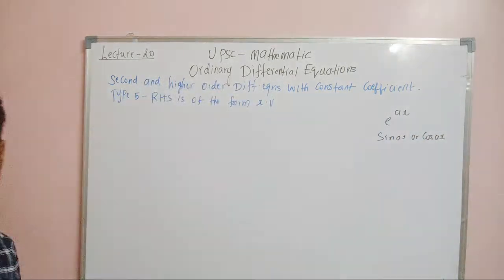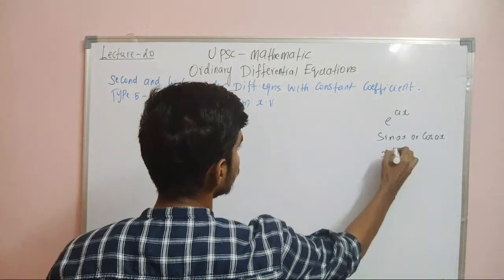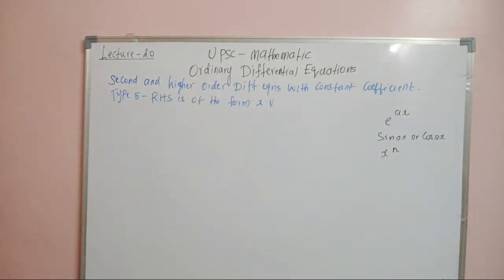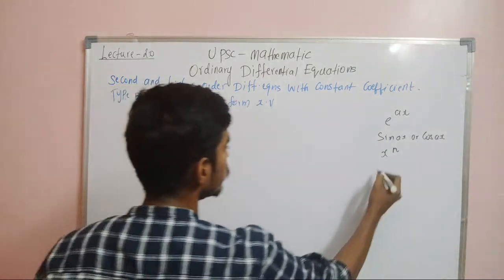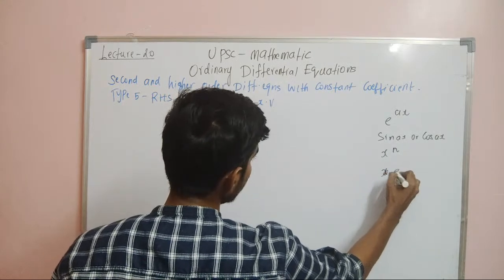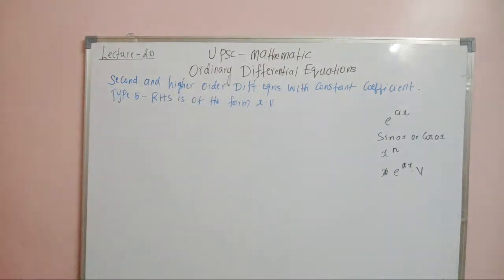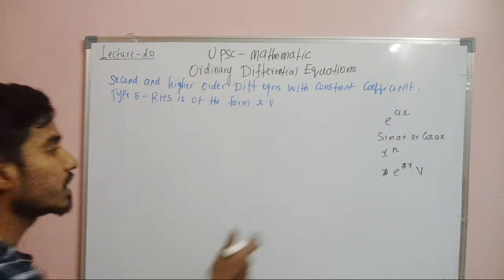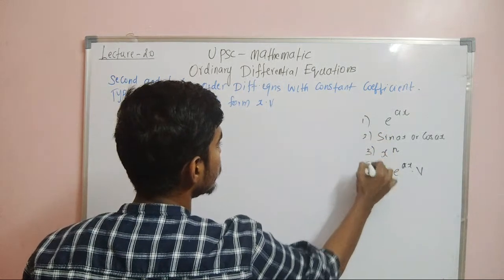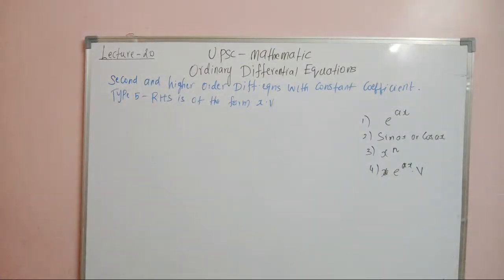In type 3 the RHS is of the form x power n, and in type 4 the RHS is of the form e power ax into b, where b can be x power n, sin ax, or cos ax. So this is type 1, 2, 3 and 4, which we have discussed earlier. If you haven't watched those videos, please watch them and then come back to this video.